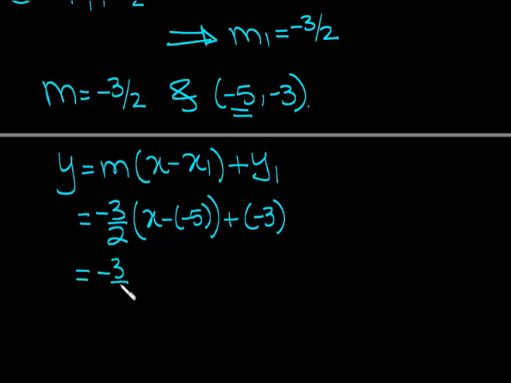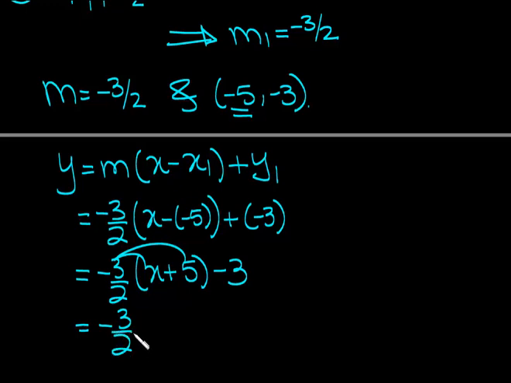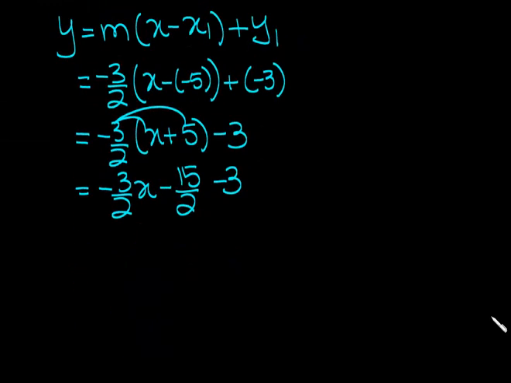Then we can clean the parentheses up a little bit. We get x plus 5 minus 3. We can distribute. So we get negative 3/2 x minus, I'm sorry, 15 halves minus 3. So now we need to add this. This is over 1.